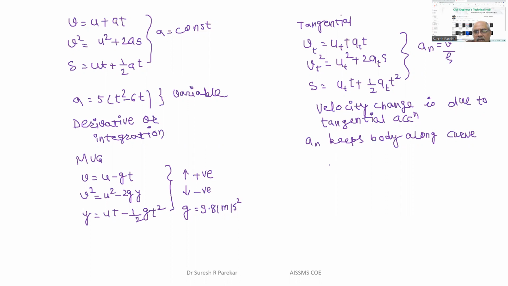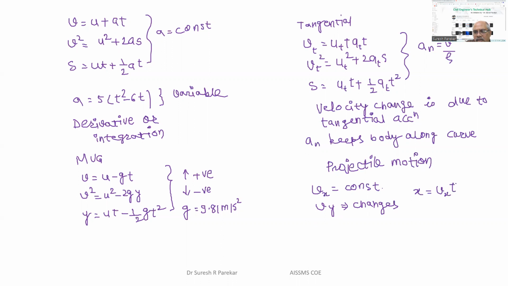And last we have projectile motion. And in projectile motion, we have Vx is constant, Vy changes. Therefore, we have x equal to Vx into t.